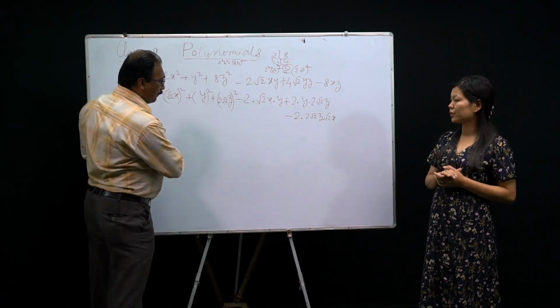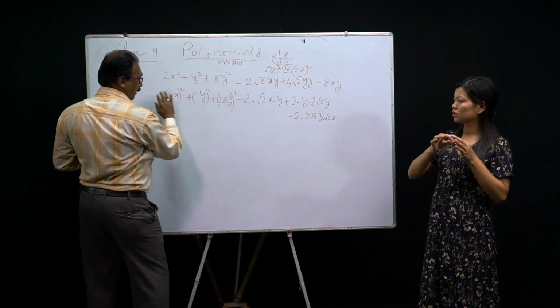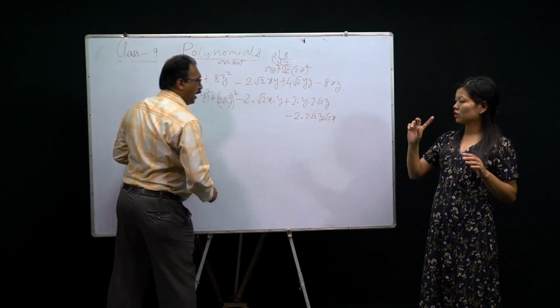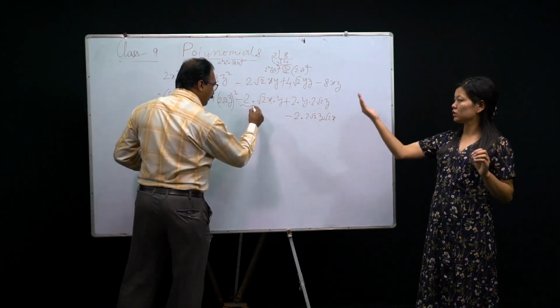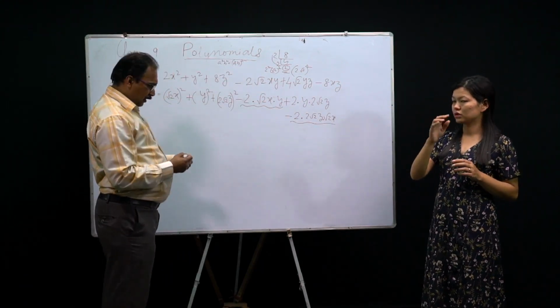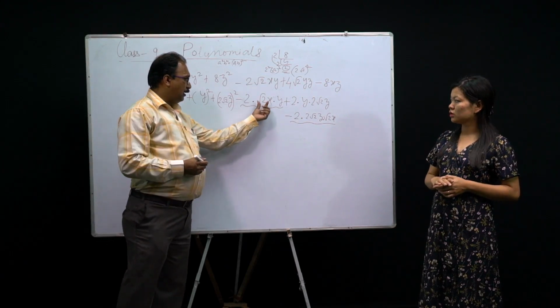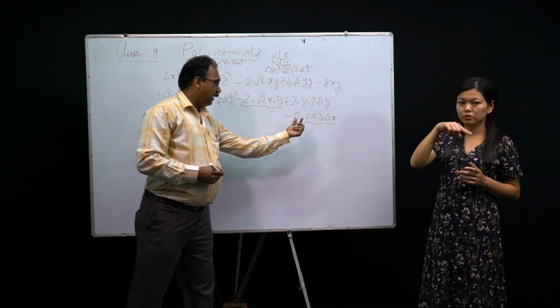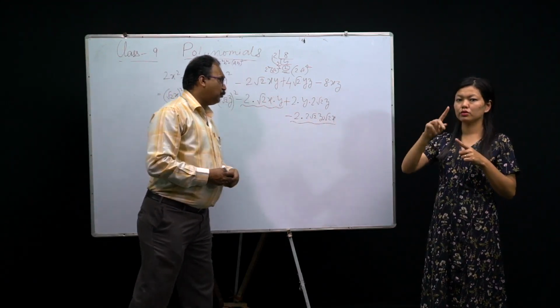Now after making this, as I told you, don't look at the squares. Look at the product terms. Among the products, which one is negative? These two are negative. Among the negative terms, which are common? Here root 2x y, here 2 root 2z and root 2x. So root 2x is common, no?